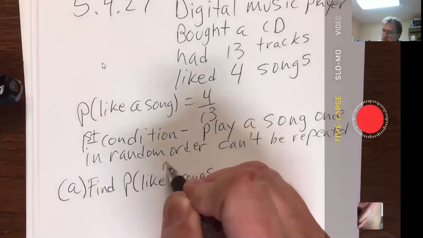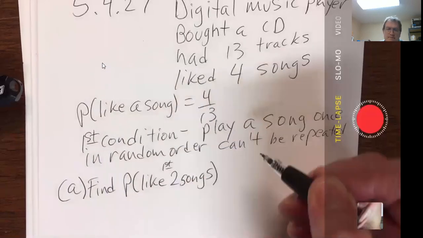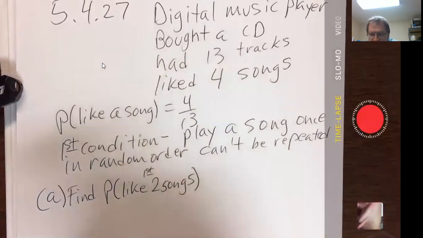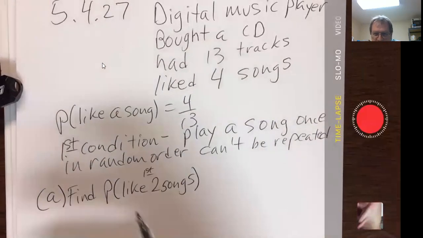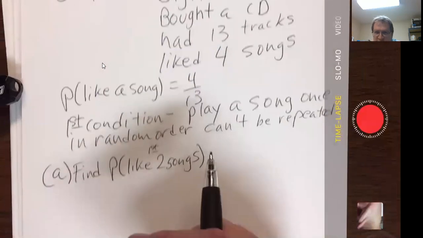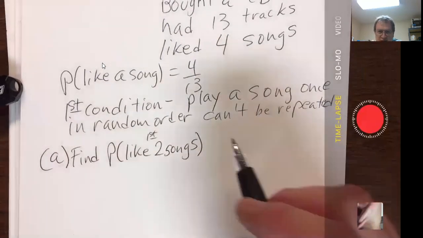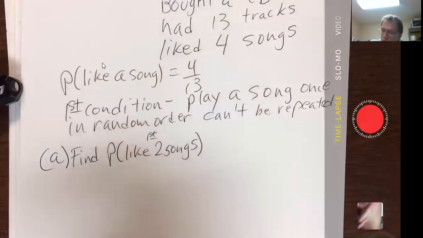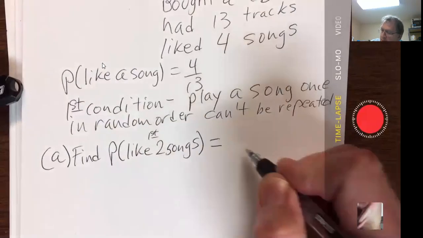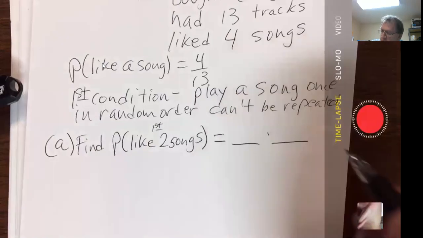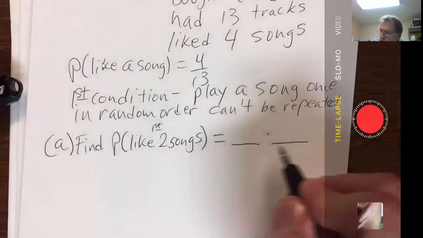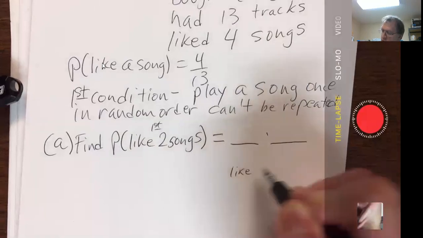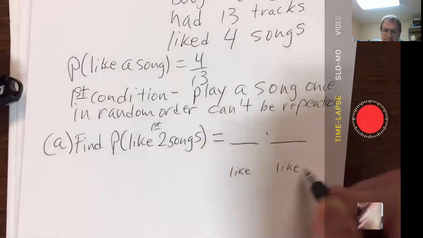It really said first 2 songs. This is similar to with replacement, without replacement. Even though songs are digital bits and you can't physically remove them, it's implied. So you create 2 slots, one for each song, and you want to know the probability you like both songs.